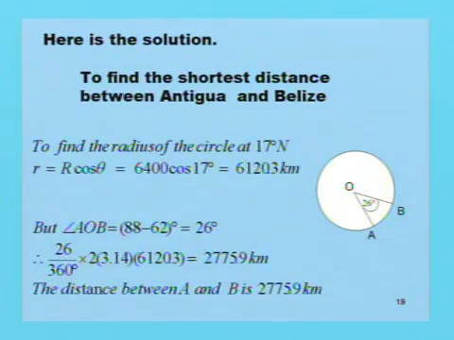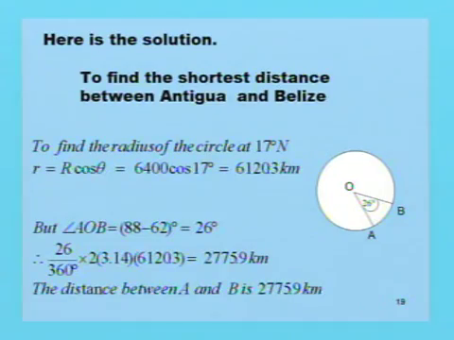So 6,400 cosine 17 degrees is equal to 6,120.3 kilometers. But angle AOB is equal to 88 minus 62, which is equal to 26 degrees.